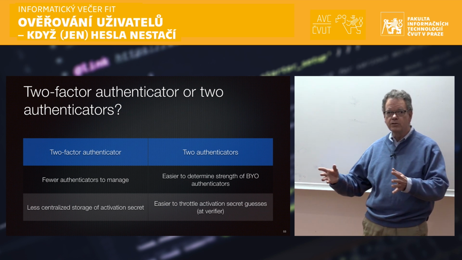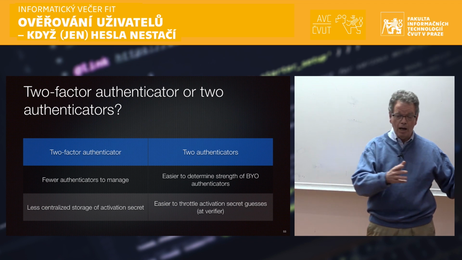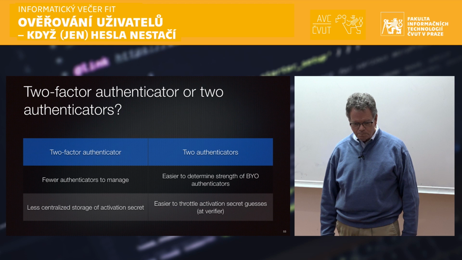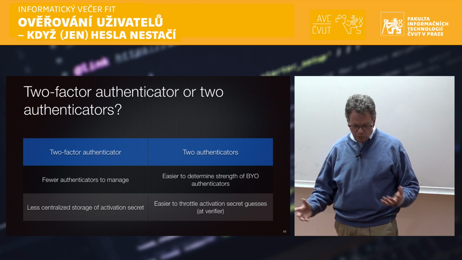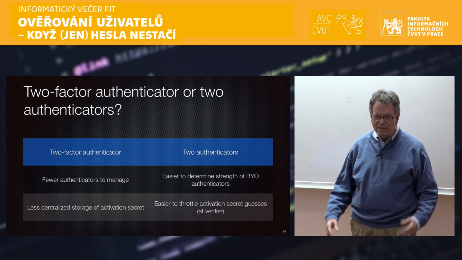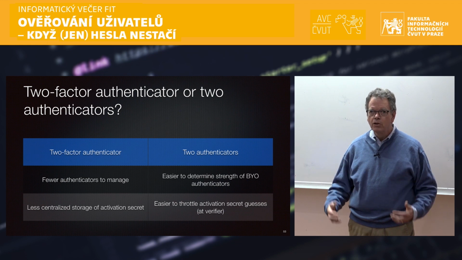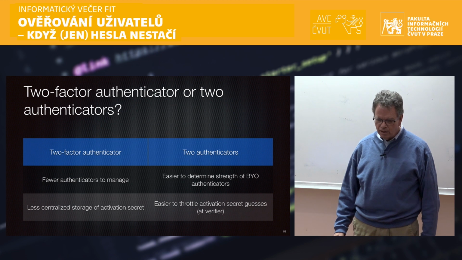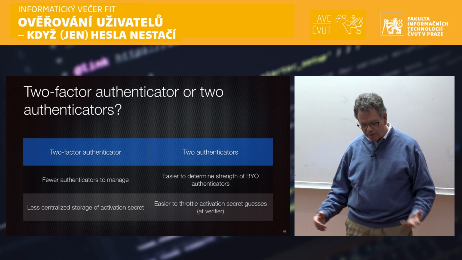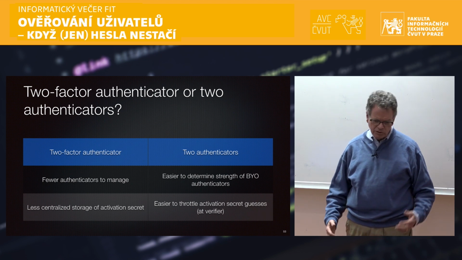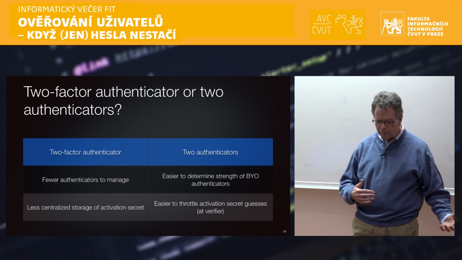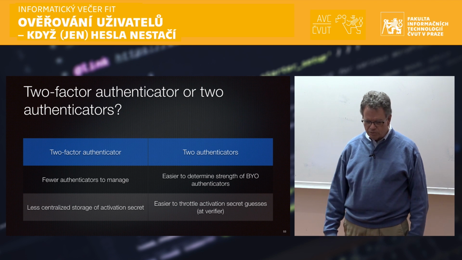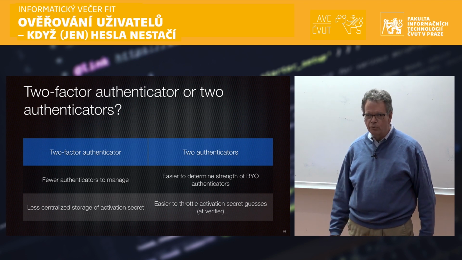The other way to do it is to have two separate things, say, a password and a FIDO device. There are advantages and disadvantages to both. There isn't a clear winner. They're both considered two-factor authentication. They might differ a little bit in terms of convenience, and how many authenticators you have to keep track of, that sort of thing. So they're both valid ways to do things.